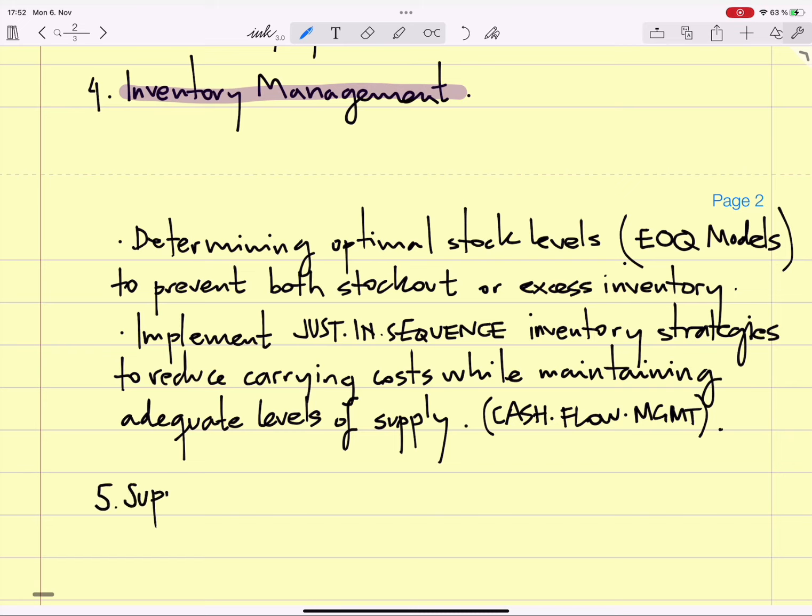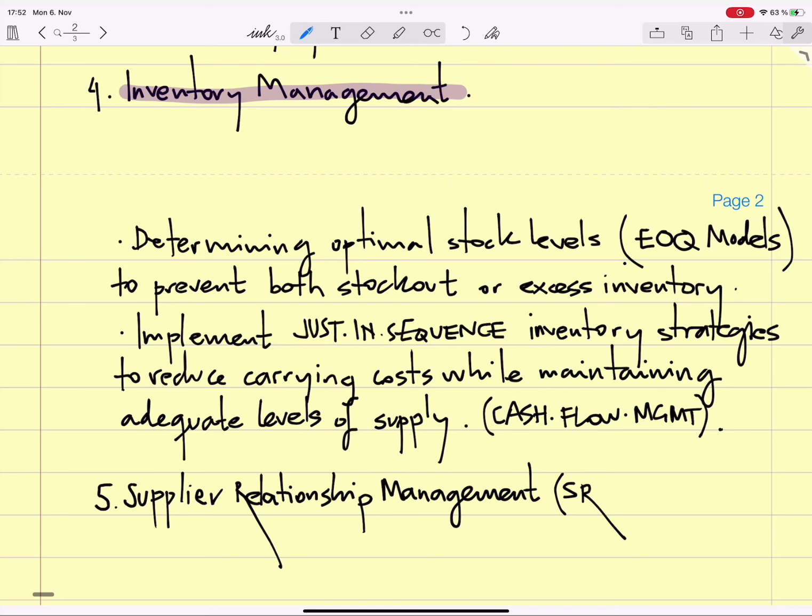supplier relationship management, SRM. Okay.